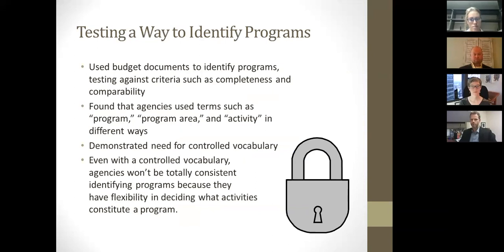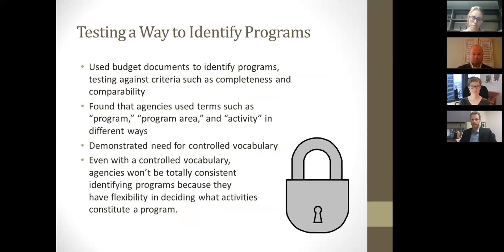So in going through those budget documents, we found that agencies used terms like program and then some other organizing concepts like a broader program area or a more specific program activity. They use those in different ways, not just across agencies, but actually within the same agency and actually within the same budget document. So for example, USAID used the word program to describe efforts at really broad regional levels, like a Southern African energy program, or at a country-specific level.